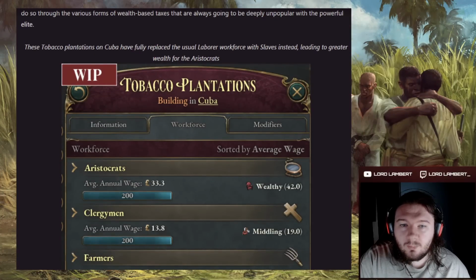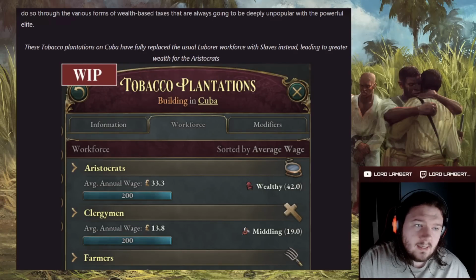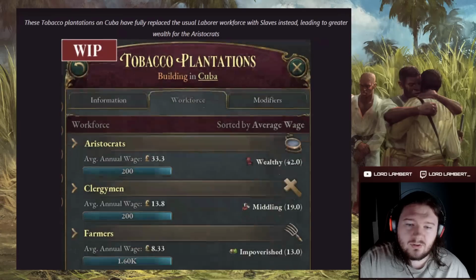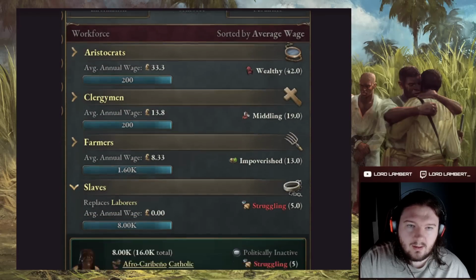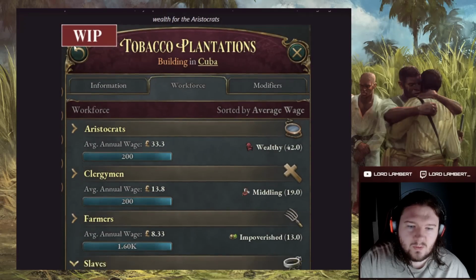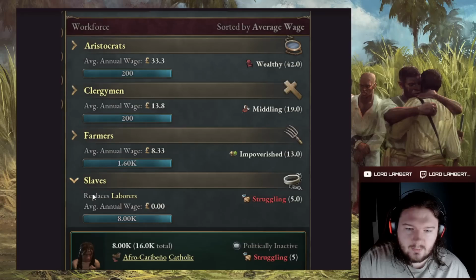So these tobacco plantations in Cuba have fully replaced the usual labour workforce with slaves instead, leading to a greater wealth for the aristocrats. This is the tobacco plantations building in Cuba, and we've got slaves replacing labourers, 8,000 of them. There's some farmers still, so it's not completely replaced.